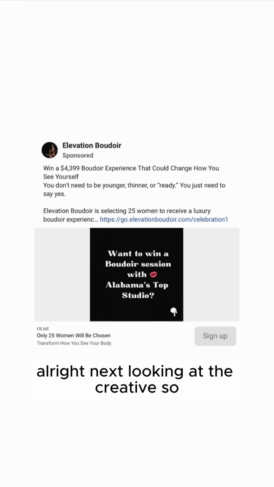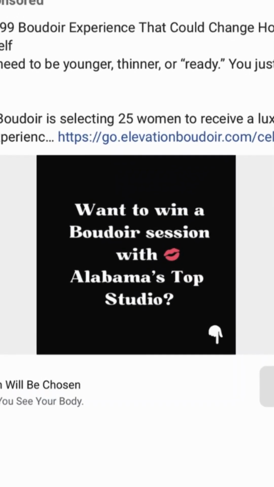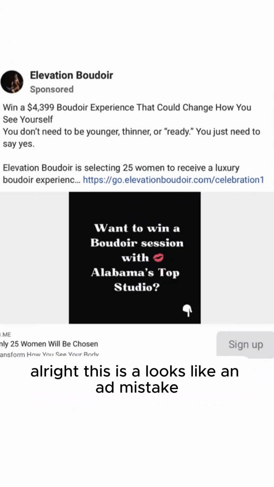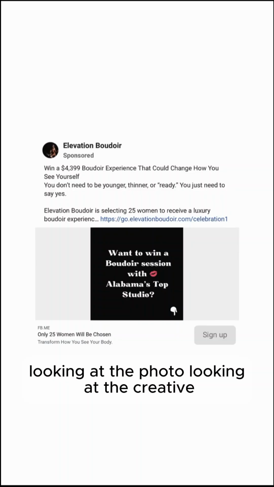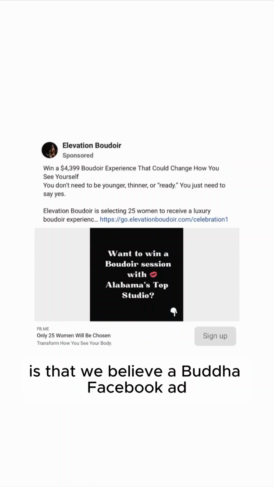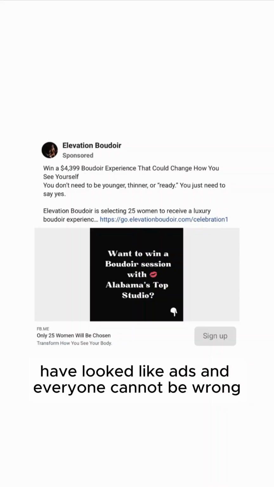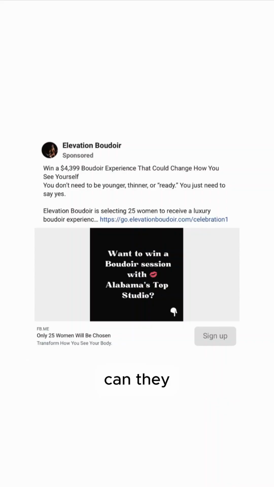All right, next, looking at the creative. Looks like an ad mistake. Looking at the photo, looking at the creative. The false belief that caused us to make this mistake is that we believe a Boudoir Facebook ad should look like an ad, because all the other Boudoir Facebook ads we've seen looked like ads, and everyone cannot be wrong, can they?